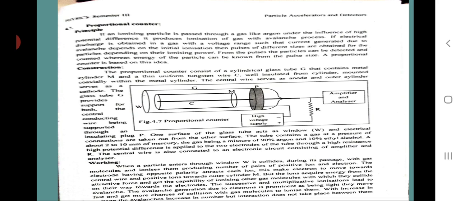The successive and multiplicative ionizations lead to an avalanche. The avalanche generation due to the electrons is permanent, as, being light, they move fast and get more chances of collision with gas molecules.